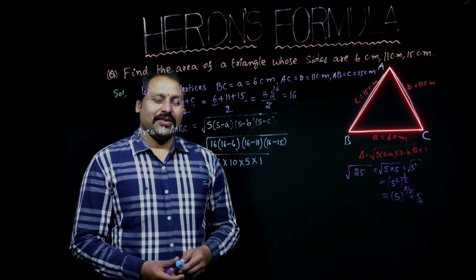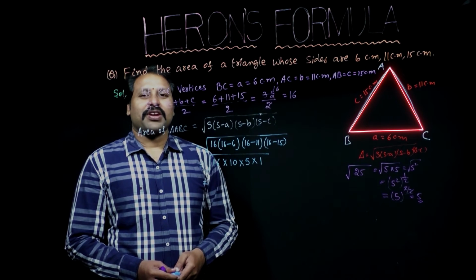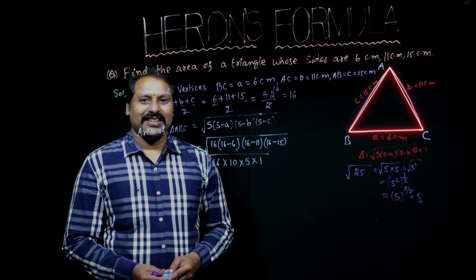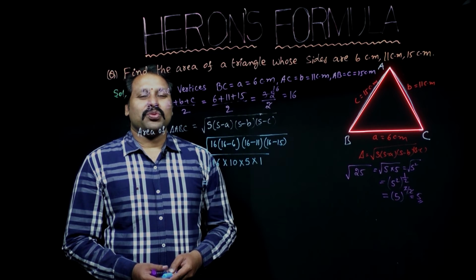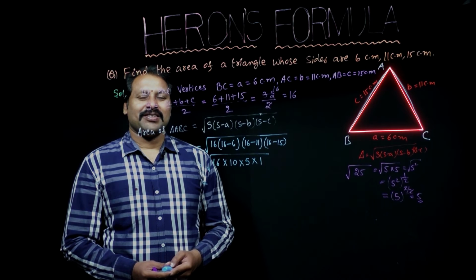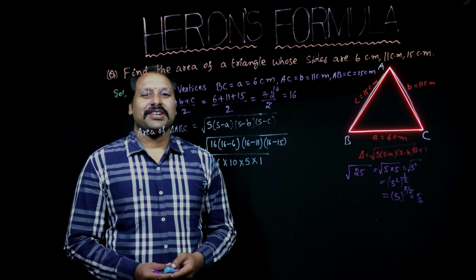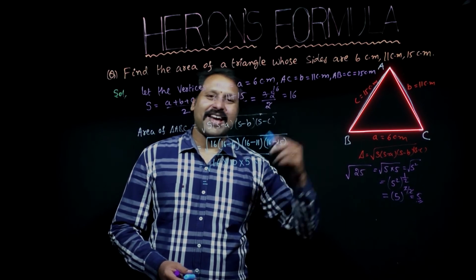So if you find out any square root of the number, if you try to write that number as 2 same digit numbers, then we can write one same number on the outside of the square root, that is 5.